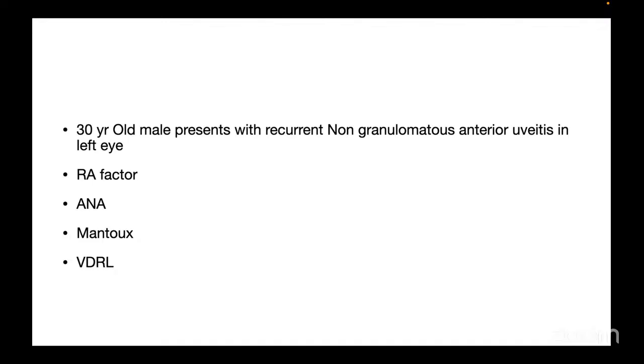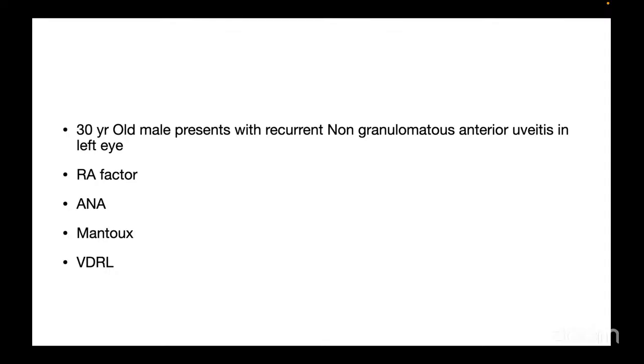There is one question I am going to ask you. This is a 30-year-old male presenting with recurrent non-granulomatous anterior uveitis in the left eye. Which of the following tests will you order for that patient? Anyone want to give an answer? ANA, sir.